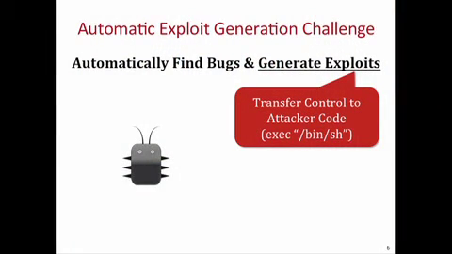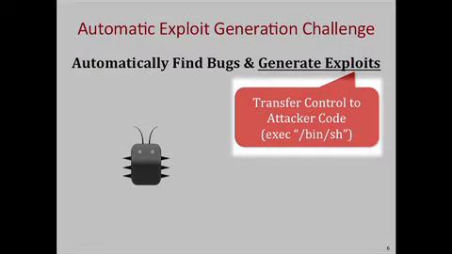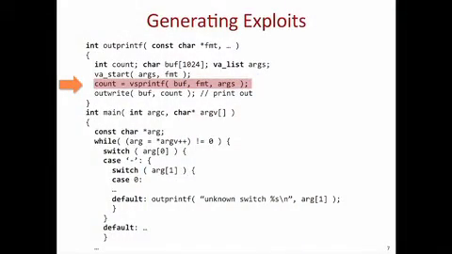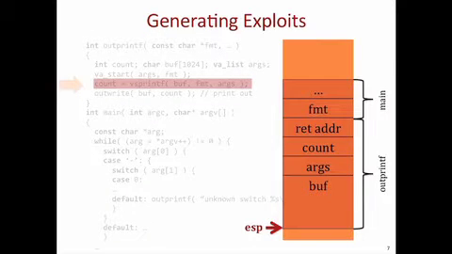What I mean by generating an exploit is to transfer program control to the attacker's logic. So for instance, from the previous example, we have a buffer overflow condition at vsprintf. If we look at the stack diagram of this function, it looks as follows, where the ESP, the stack pointer, points to the bottom of the stack, and we have several local variables and the return address.